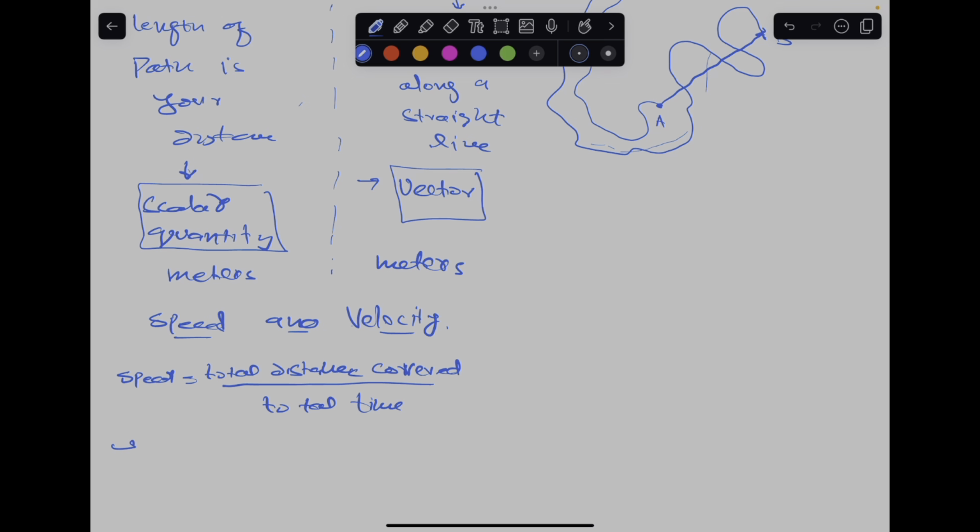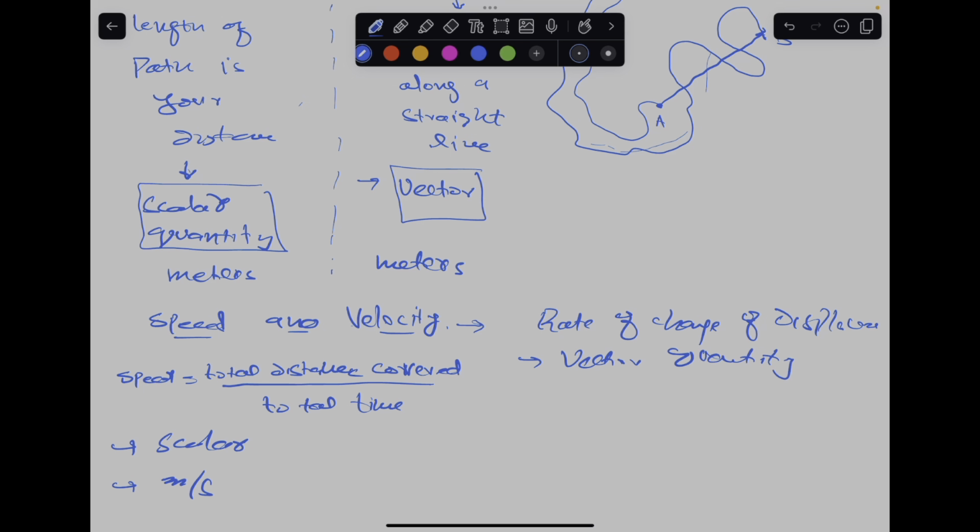So speed is a scalar quantity, and its unit is meter per second, while velocity is the rate of change of displacement, and it's a vector quantity, and its unit is meter per second as well.